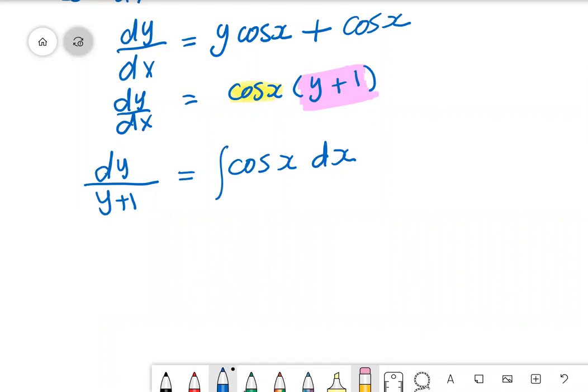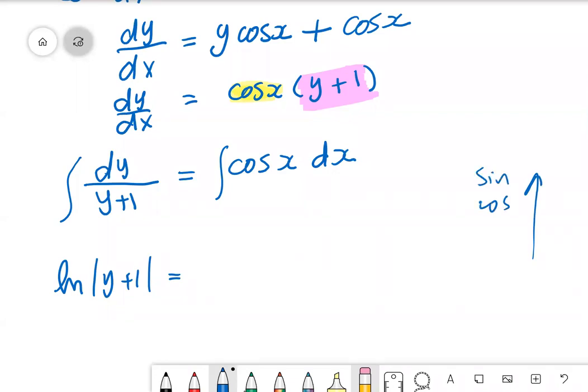We'll do the integration. So this is going to be ln y plus 1 equals, what's the integration of cosine? Yeah, remember here, if it's sine and cosine, then the integration of the cosine is sine. So this is sine x plus c, right?